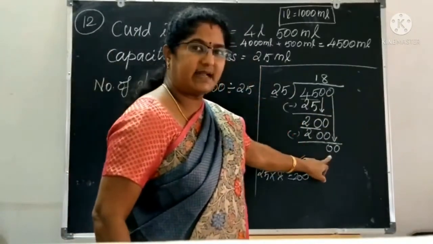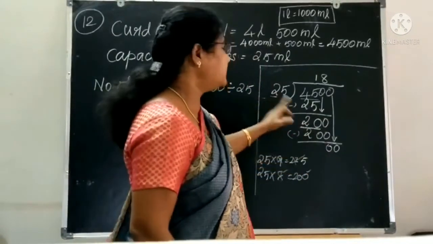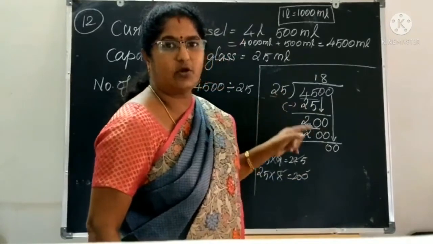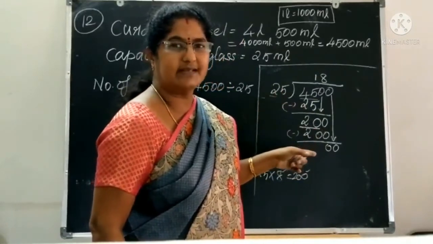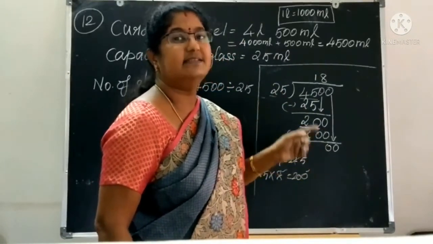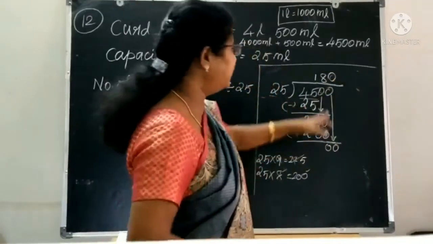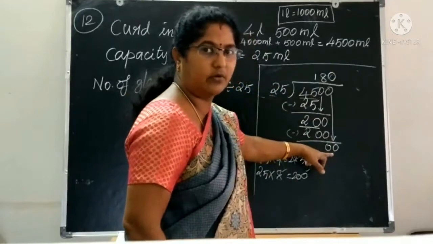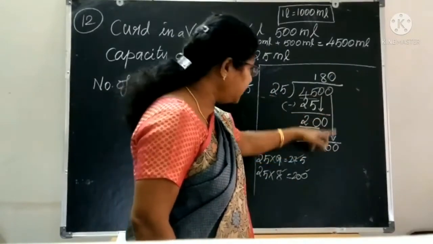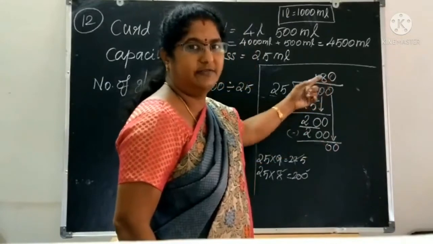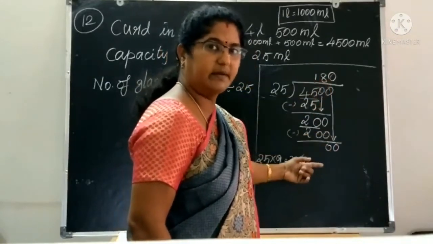Here what is the answer? Number 0. 00 means also 0. 0 is less than 25. We cannot divide. So how many times? 0 times. We should write 0 in the quotient. Whenever you bring down a number from the dividend, you should write a number in the quotient. If it is a bigger number, write how many times.